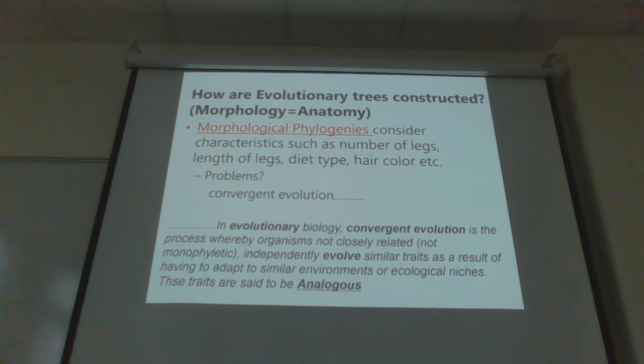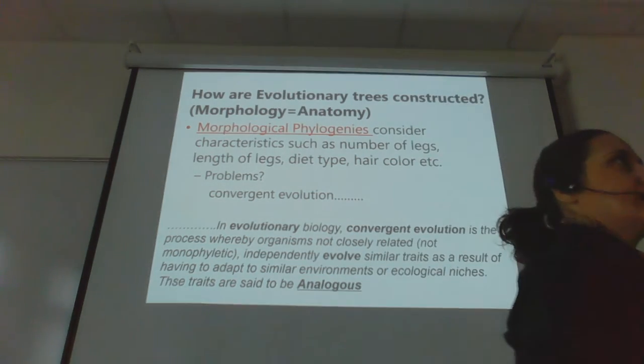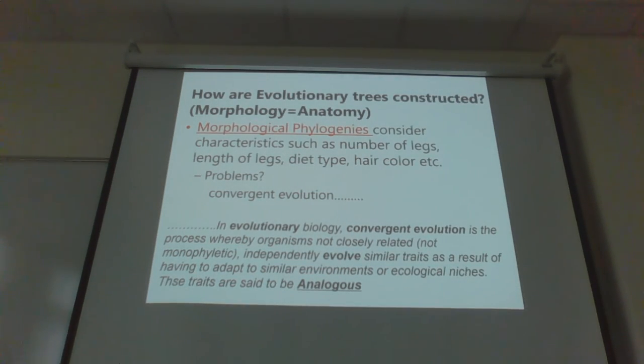If I look at a butterfly and a bat, they both have wings. But those two structures, are they directly related? Do they have common ancestry? The wings of a butterfly and the wings of a bat.